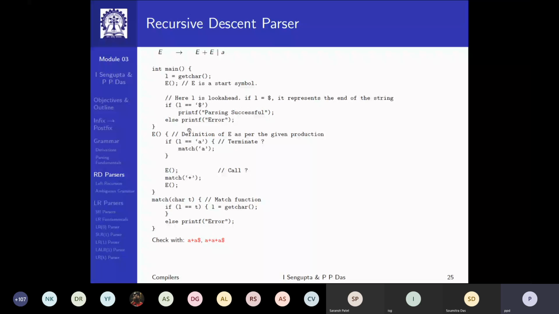See, the question is not whether you can find a way of writing this. What I am trying to illustrate is this very straightforward way of coding production rules as a set of co-recursive functions, which immediately gives you a recursive descent parser with almost no effort, a no-brainer. ANTLR does that.